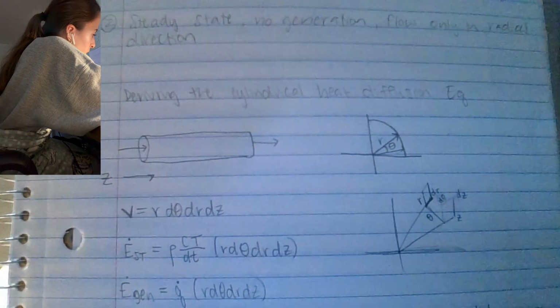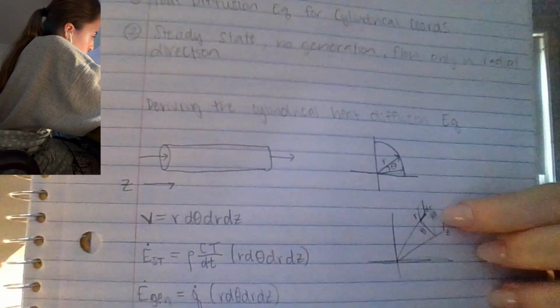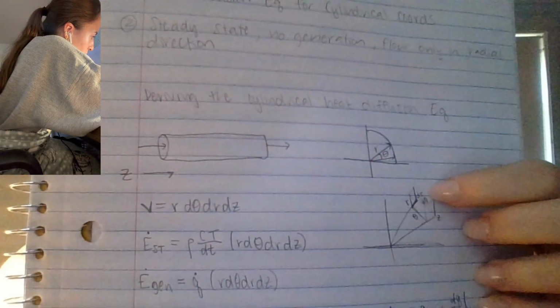So this will turn into negative d over dz. And then in parentheses, when we plug in our q, we'll get negative k. And then now we have A, so that's going to be the cross-sectional area. Since we're looking at the position in the z direction, our cross-sectional area is going to be the d theta and dr terms.